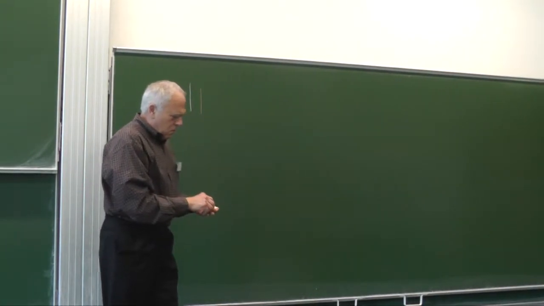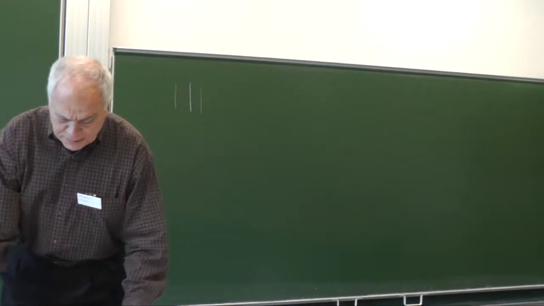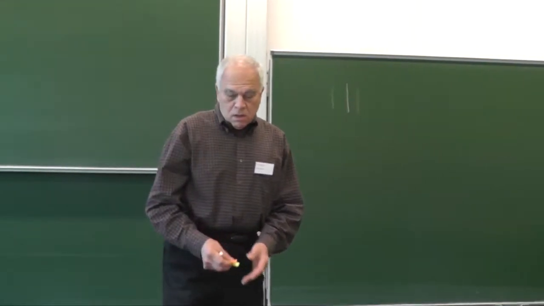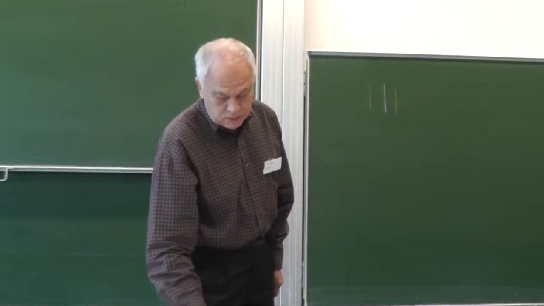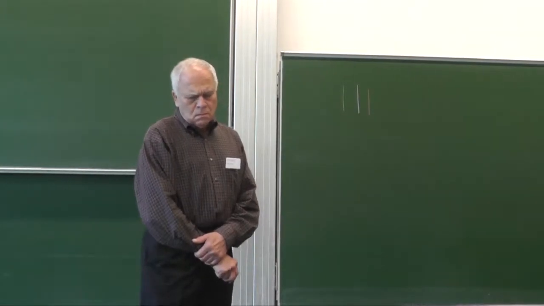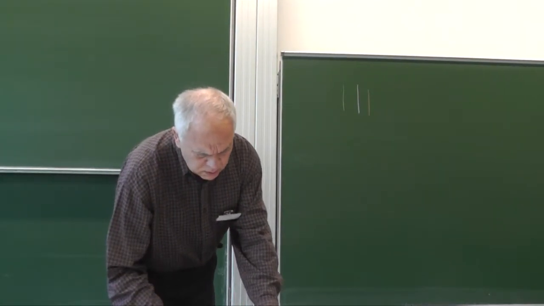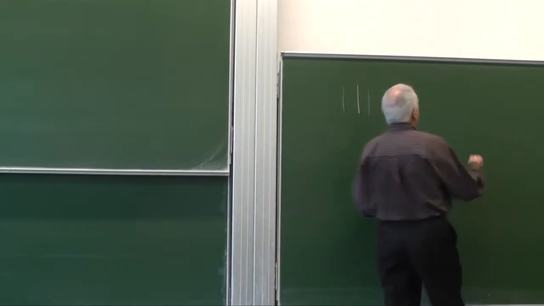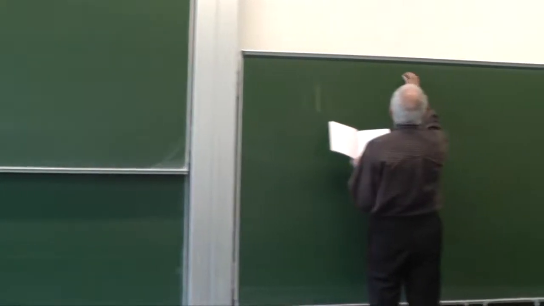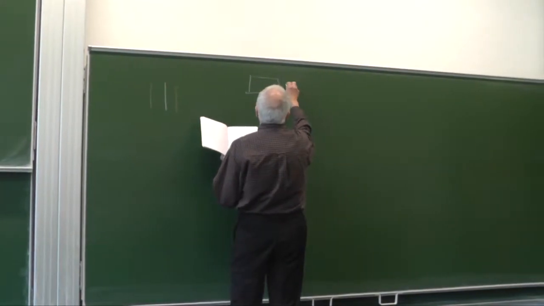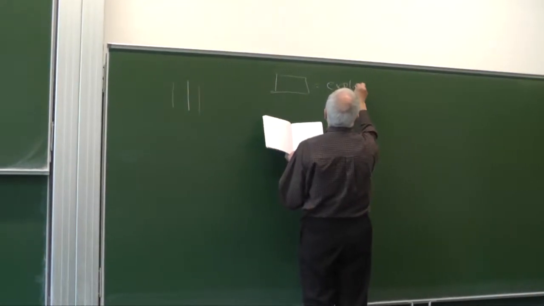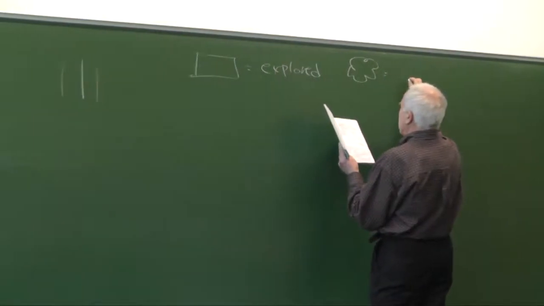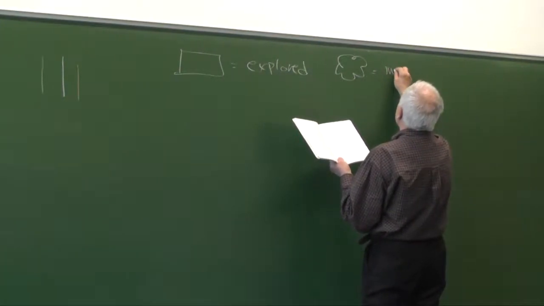Okay, so my topic is to give a geometric description of surgery, basic material of surgery. And I want to diagram the subject. A box is explored, a cloud is still mysterious.